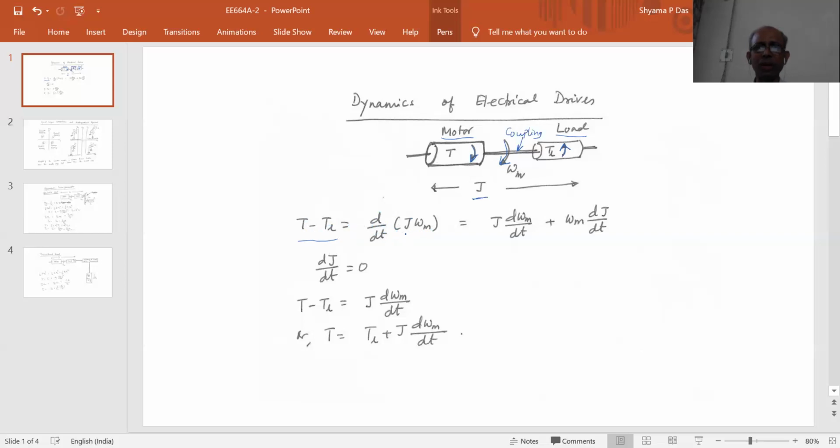J is the moment of inertia. Omega m is the speed, in radian per second. We are using the SI unit. And the unit of the moment of inertia is kg meter square.